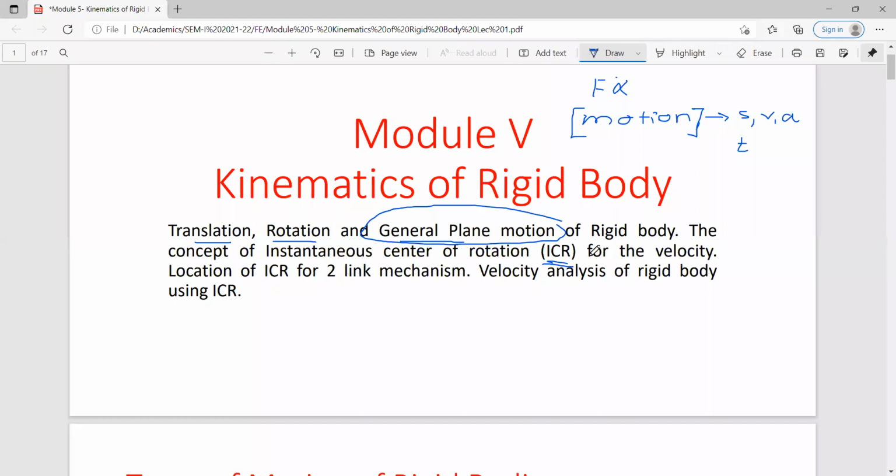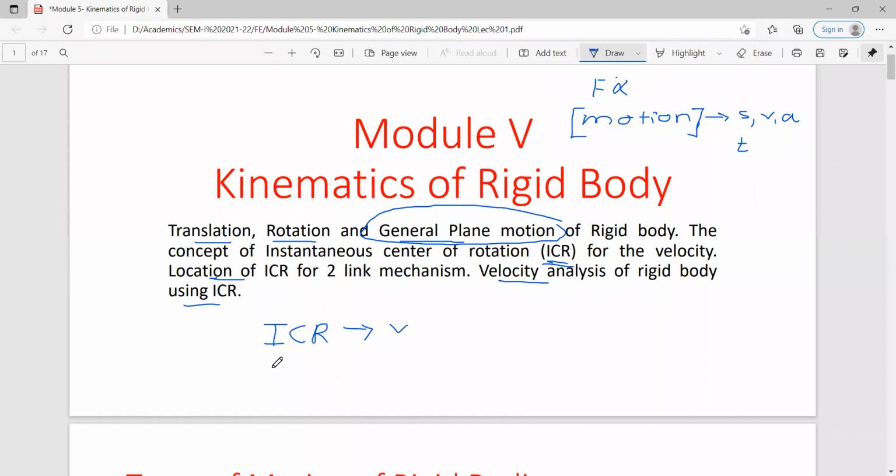Then we will also be interested in locating the ICRs for different links. And again we will be doing velocity analysis of rigid body using ICR. So this particular method, ICR, we will use for just velocity analysis, not the acceleration analysis. We will not be doing that.